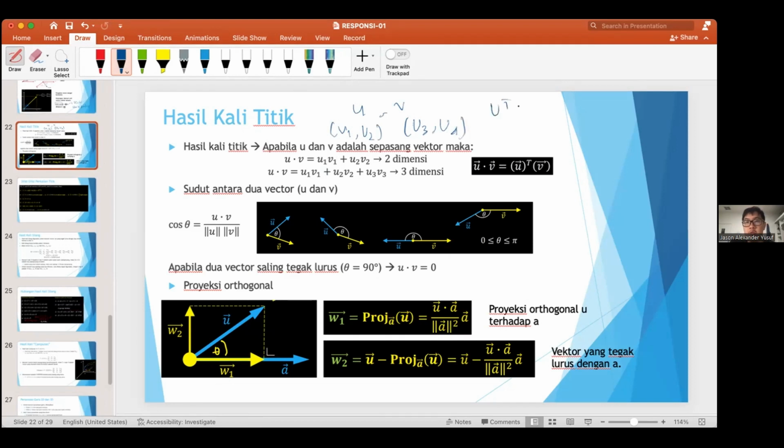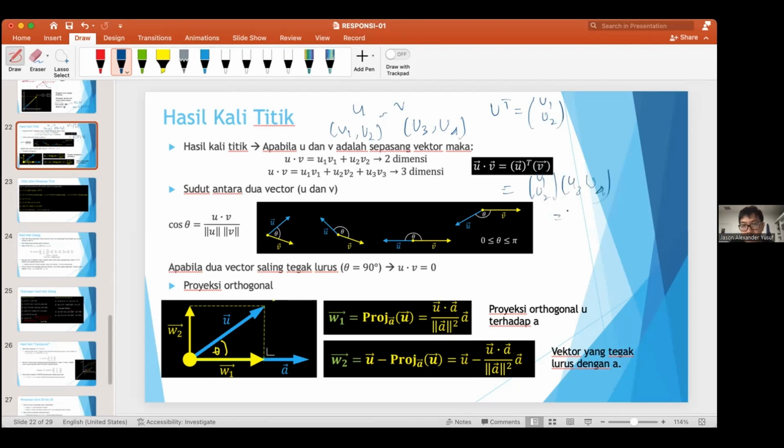U transpose will be (u1, u2). So basically, it will result in u transpose times v.